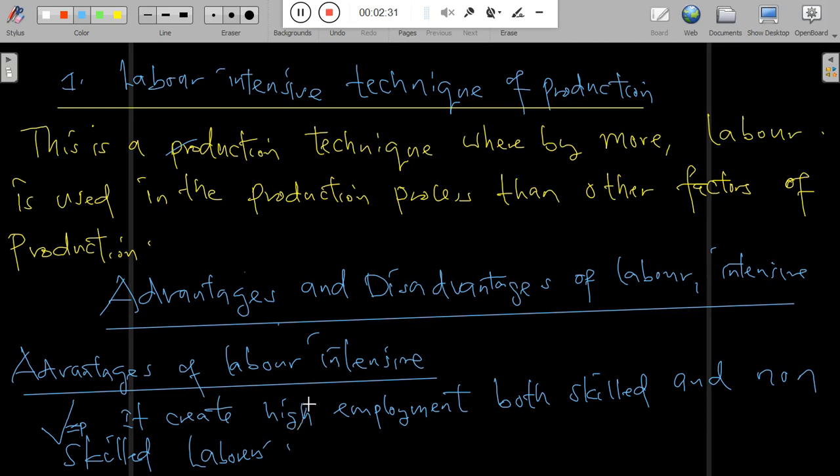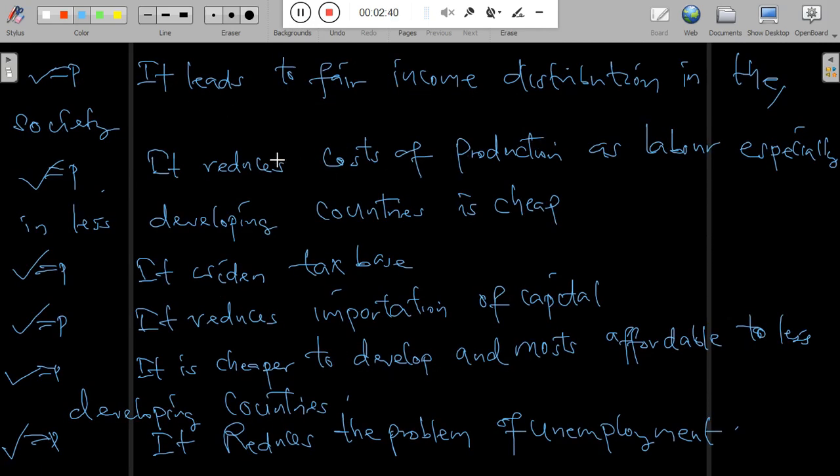The advantages and disadvantages of labor-intensive production. Let's begin with the advantages. It creates high employment, for both skilled and non-skilled laborers, since more laborers are needed to make the production successful. It also leads to fair income distribution in society, because those with lower incomes give out their labor power and are able to earn income.